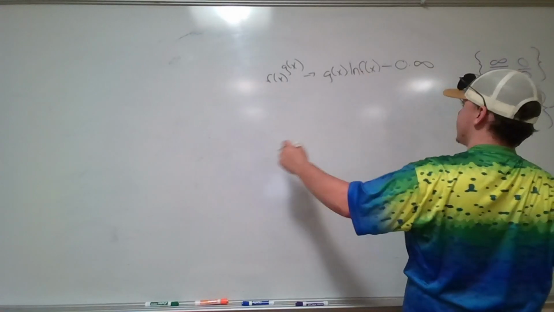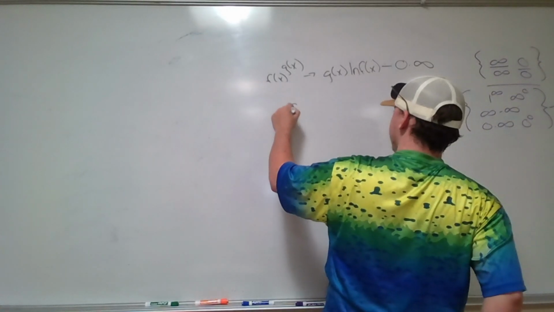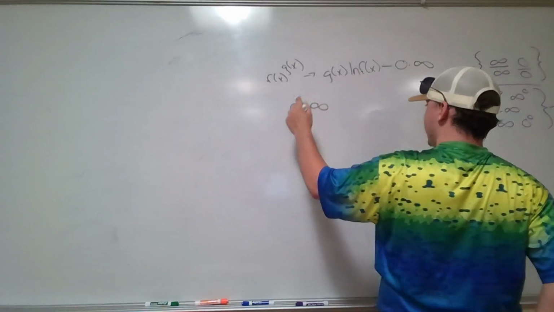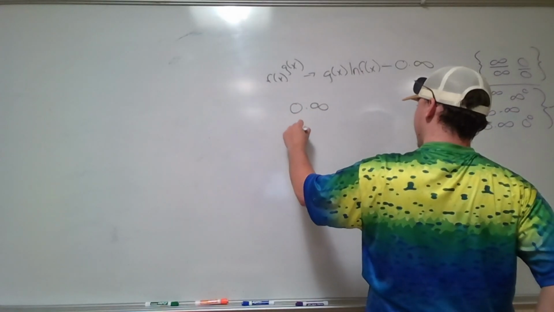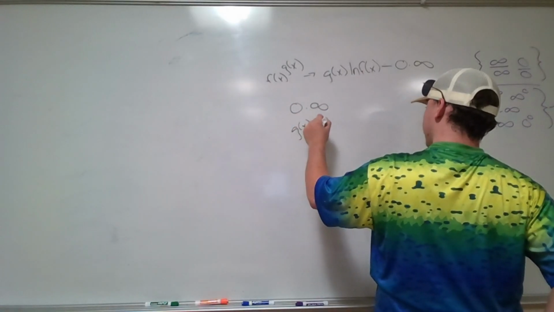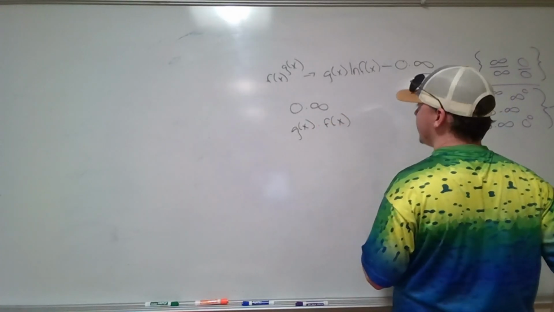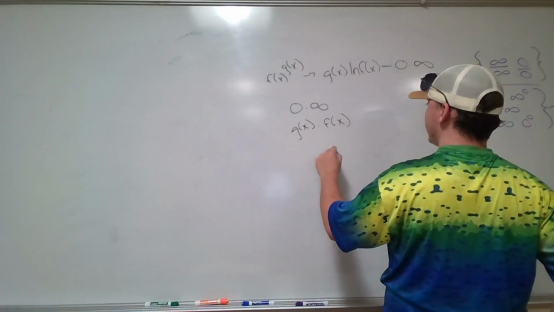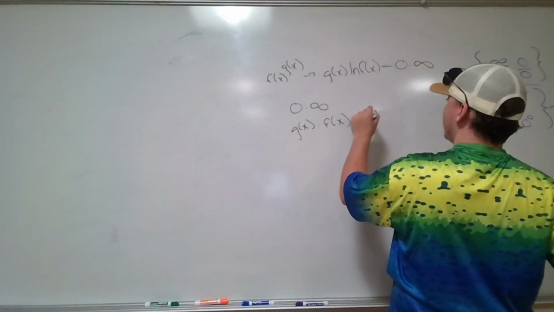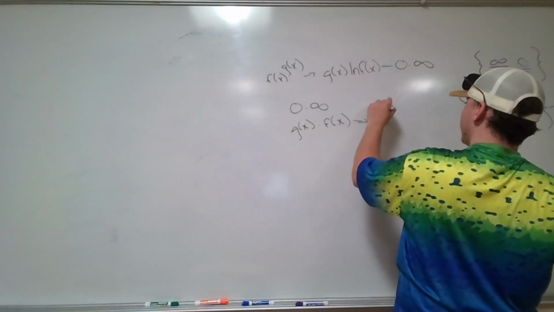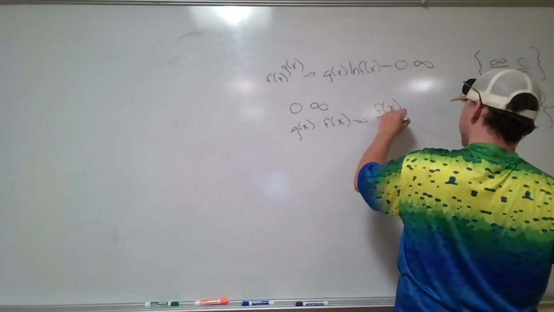is, second step, if you have 0 times infinity, where it's g of x times f of x, what you do is you divide f of x by the inverse of g of x.